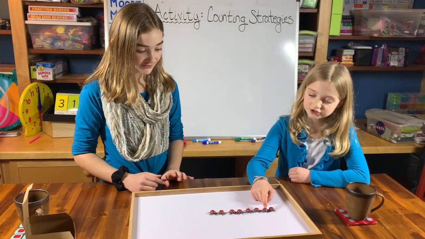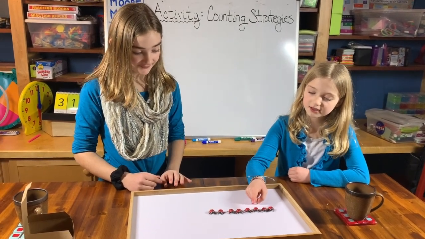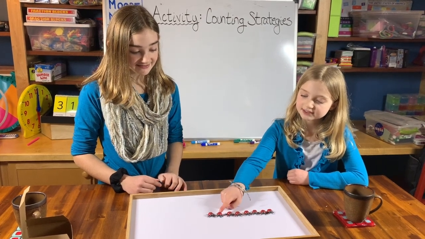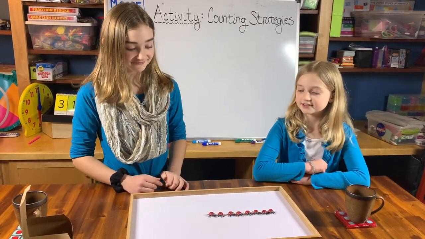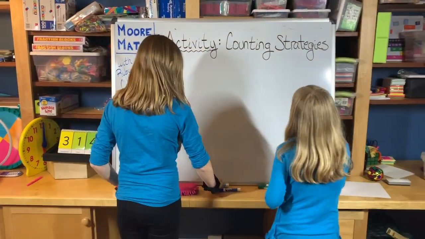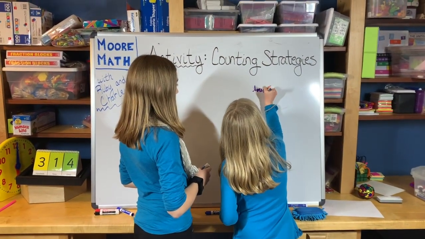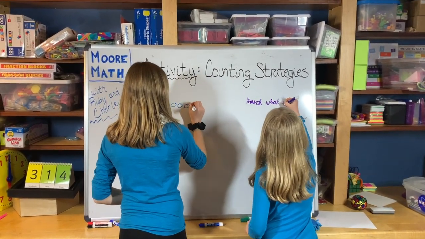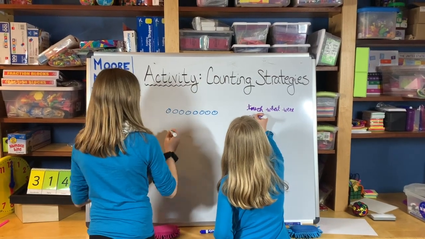1, 2, 3, 4, 5, 6, 7, 8. There are 8 ladybugs. So, our first strategy is to touch what we're counting. So for each little ladybug, I'll draw a circle.